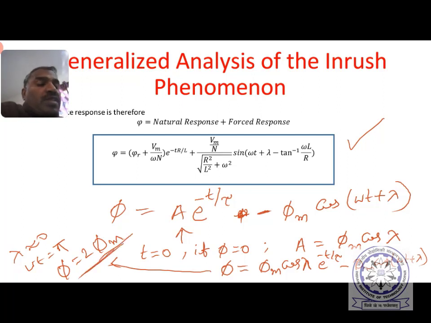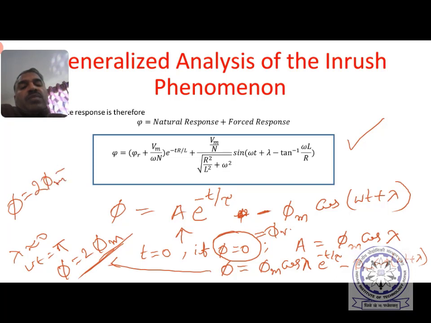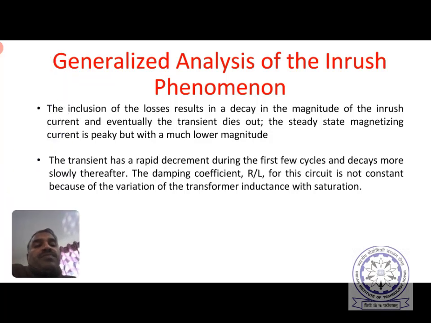And if residual flux is also included, means when t is equal to 0, if φ is not equal to 0 but equals the residual flux, then you will get φ peak equal to 2 φ max plus φ residual. So this is how the maximum flux will reach this value, 2 times φ max plus φ residual, under inrush current phenomena or during the transients.